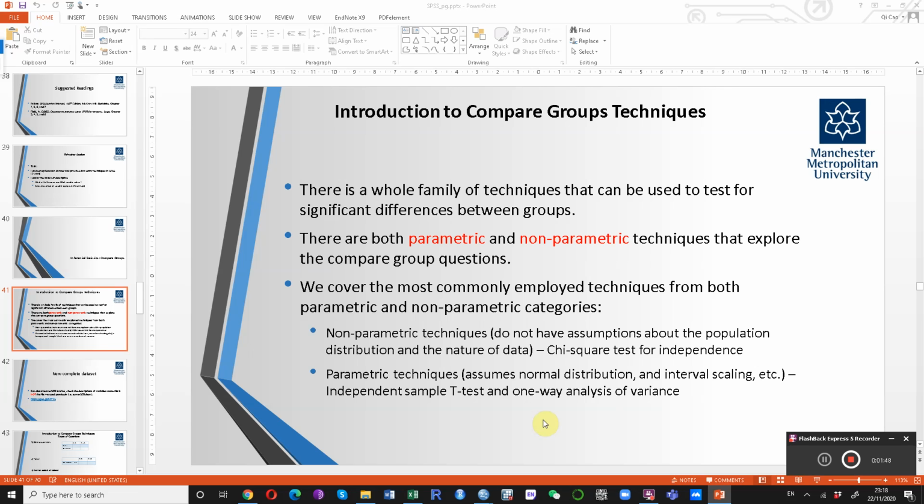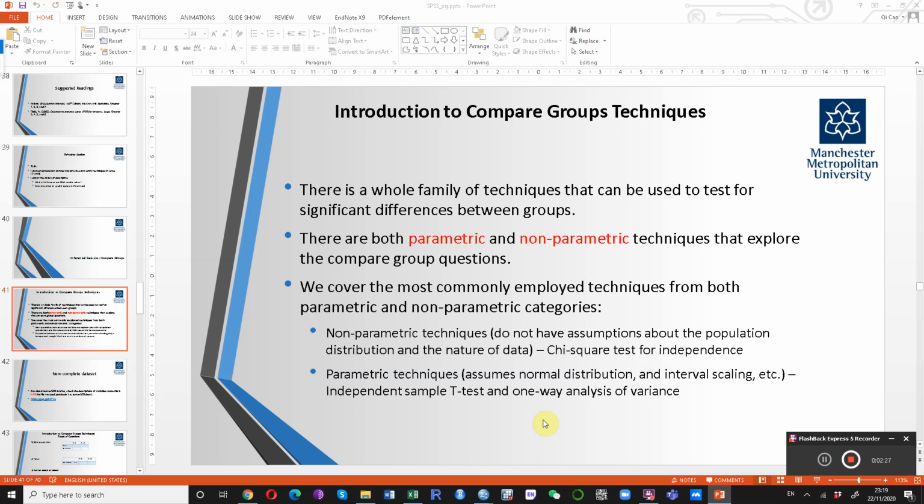Parametric tests basically have an assumption of things such as normal distribution, interval scaling, but they estimate along with the probability, the p-value, also the parameters, whereas non-parametric techniques lift those assumptions of the population distribution, but still present the power of probability, so the p-value.